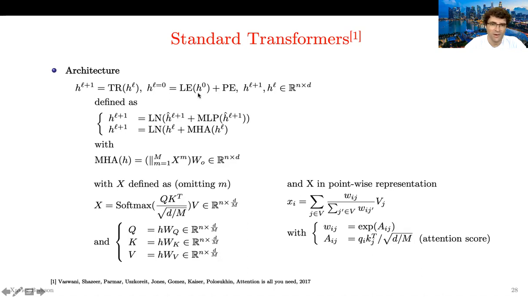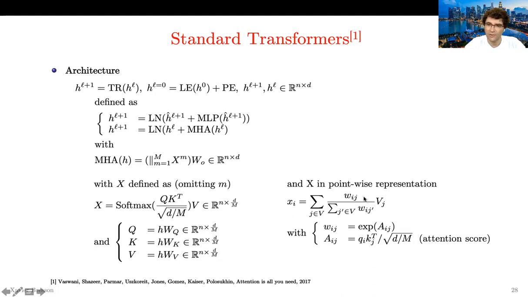The input layer has a linear embedding of the node inputs, like the atom type, plus positional encoding. And here you have the standard transformer layer: layer normalization, multi-layer perceptron, and multi-head attention. Multi-head attention is where you have the attention mechanism, with the softmax, the query, key, and times the value.